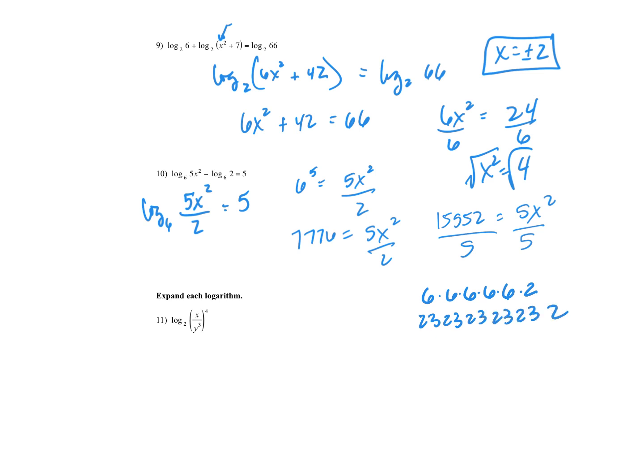So we're going to be able to take out 1, 2, 3 2s, so that's an 8. And we're going to be able to take out 1, 2 3s, and that's a 9, so that's 72.